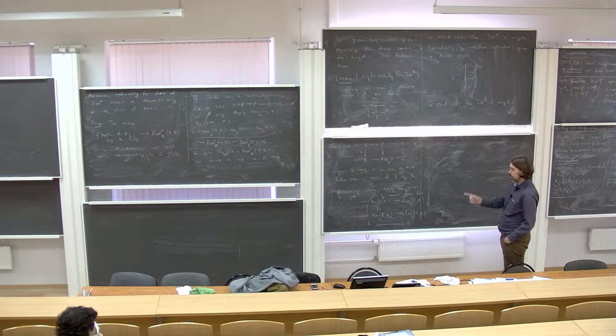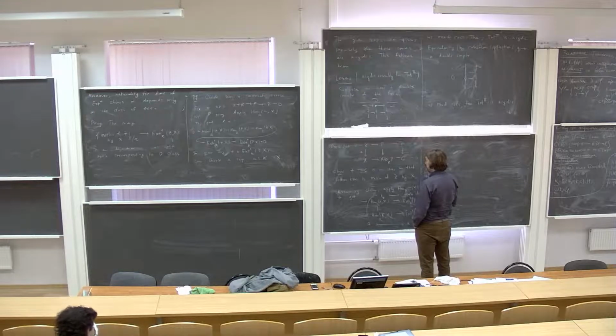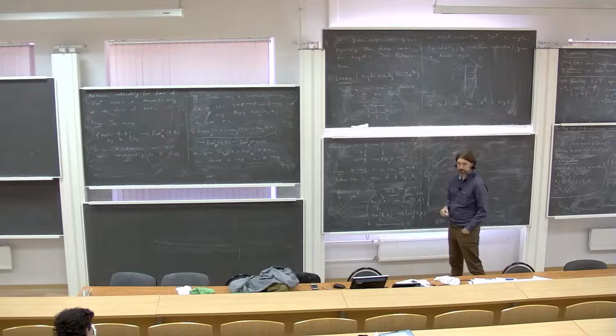Right. So that gives surjectivity of the map. We need to check that Z to C is an isomorphism. So you can consider the snake lemma for this map of short exact sequences.